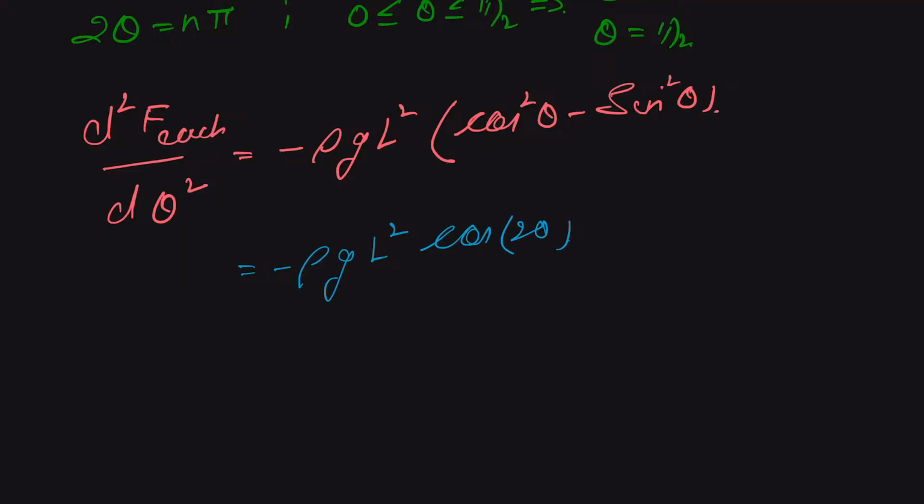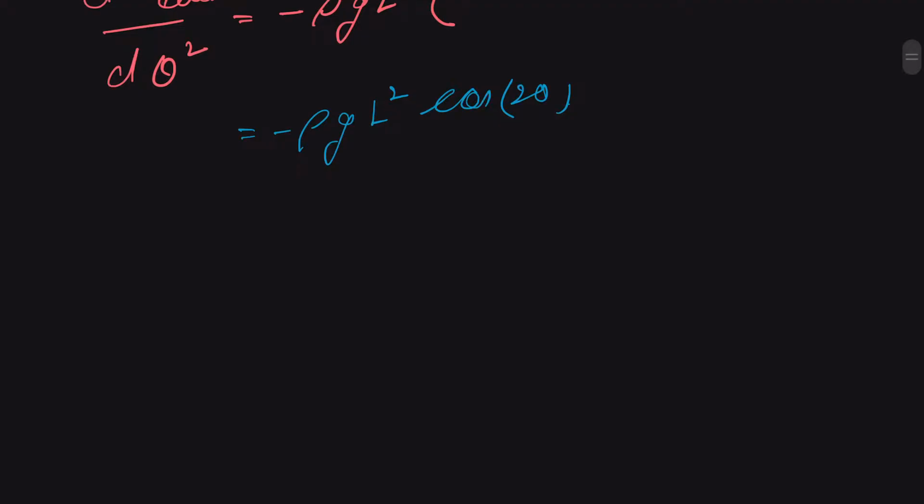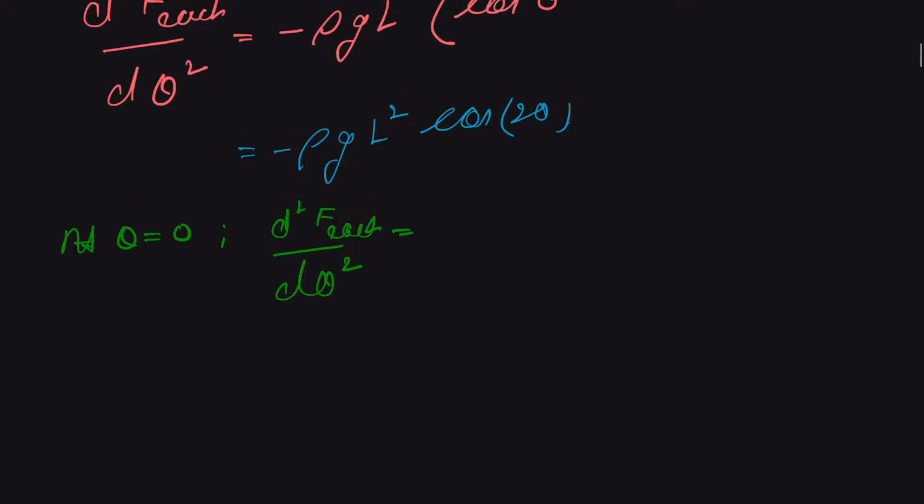Now let us substitute the value of theta is equal to 0. So we can say at theta is equal to 0, the double derivative will be equal to minus rho G L square, okay, which is less than 0.